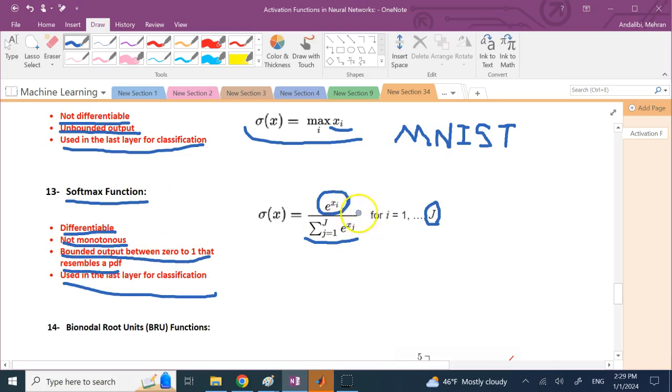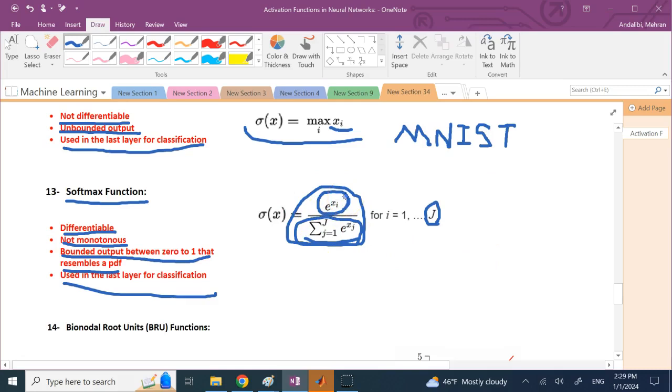So if you add this value for all these j entries, clearly they all have the same denominator. In the numerator, you're adding all these exponentials, so the numerator will be the same as the denominator, so you get a 1. So it really creates for you a probability distribution function. So with some probability, this one will say who is the winner.